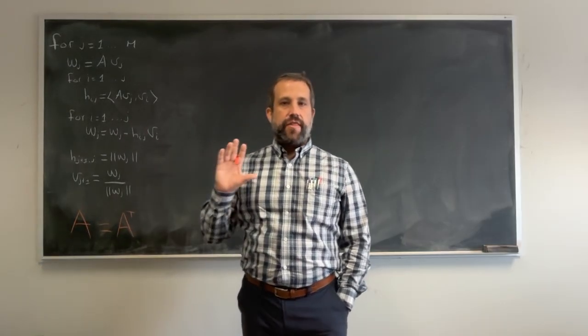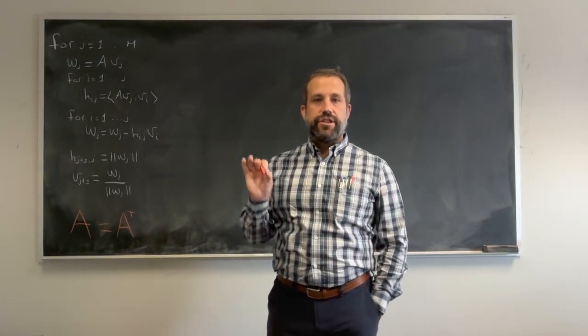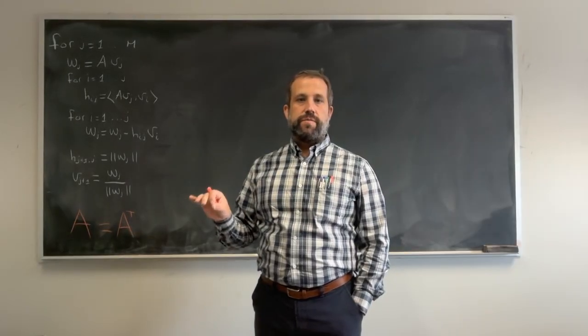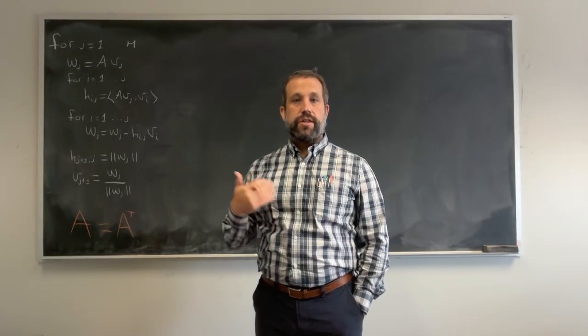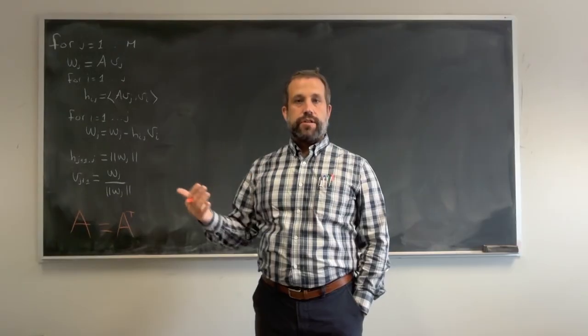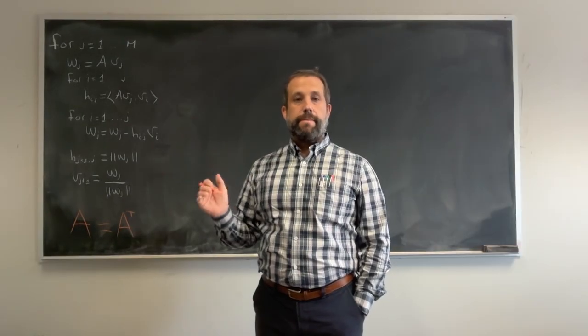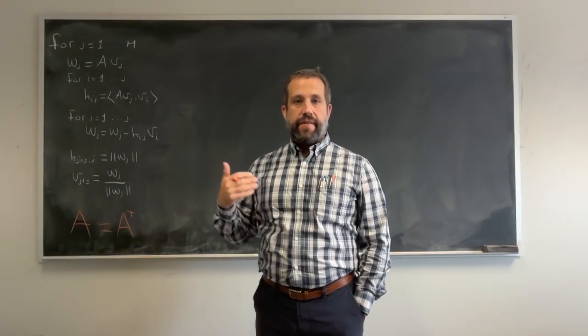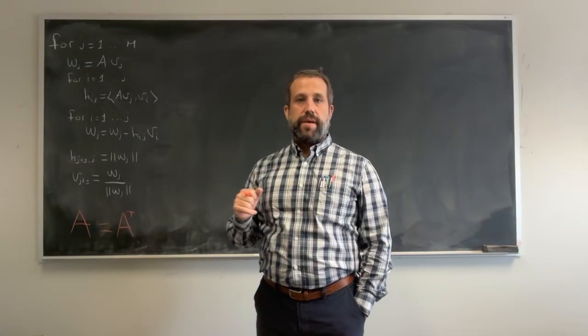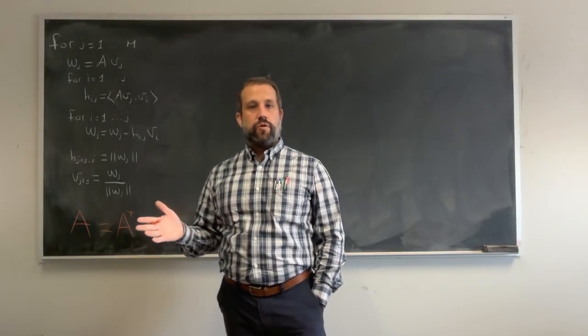H itself is going to be an M plus 1 by M matrix, and the matrix that we solve is going to be an M by M matrix, at least for FOM.